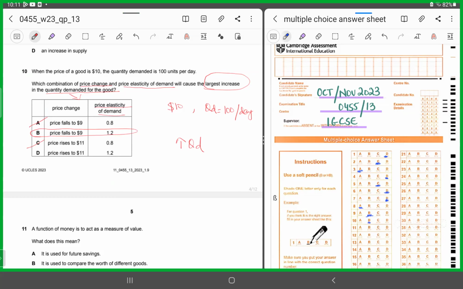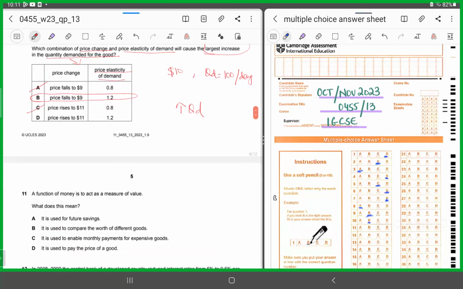Both of the situations are telling you the value of PED is 1.2. So the remaining two options can be chopped off. Now you want an increase in quantity demanded. An increase is only possible in a situation when demand is elastic and price is falling. That is why B is the correct answer.